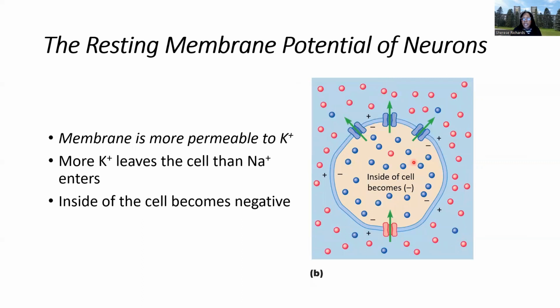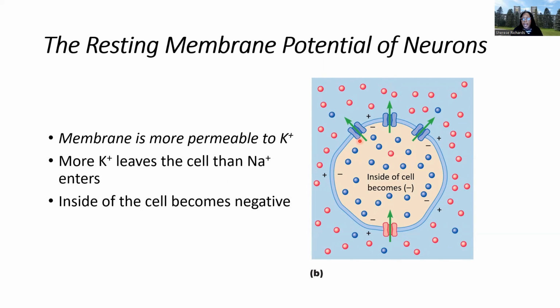Then we think about the permeability. Remember, the permeability is the ultimate factor that will determine the ionic movement, because we said that in order for ions to move, there must be channels present in the membrane to facilitate ionic movement. Because potassium is more permeable, in other words, there are more potassium channels, potassium is going to leave the cell at a faster rate than sodium can come in.